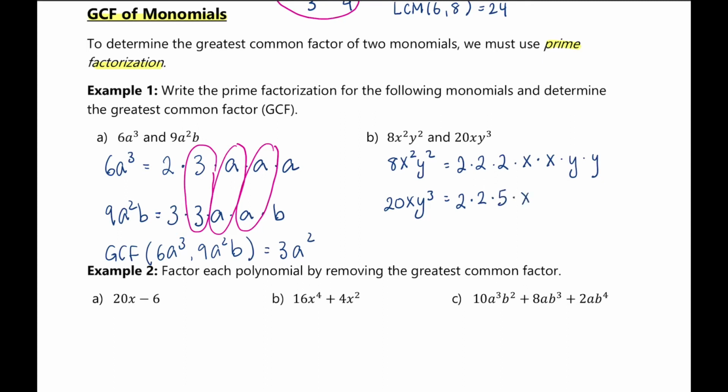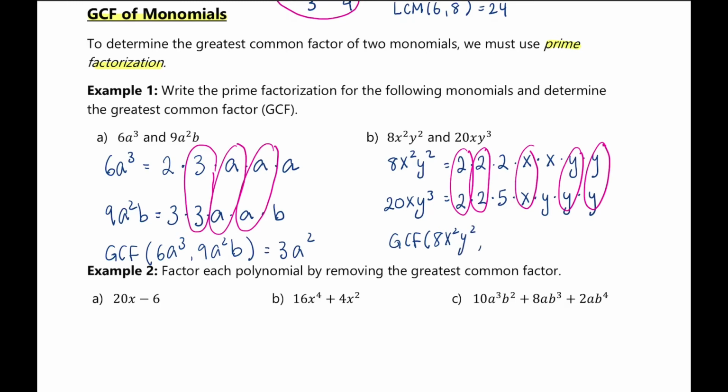We have 1x and 3 y's. Let's match them now. We have 2 in common, another 2 in common, x in common, y in common, and another y in common. So GCF of 8x squared y squared and 20xy cubed is equal to 2 times 2, which is 4, times x times y squared.